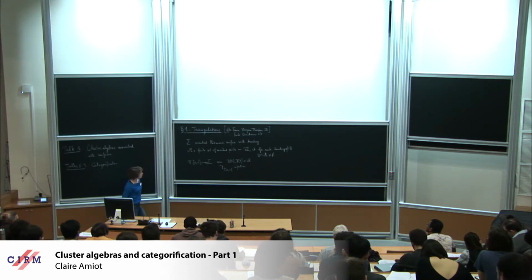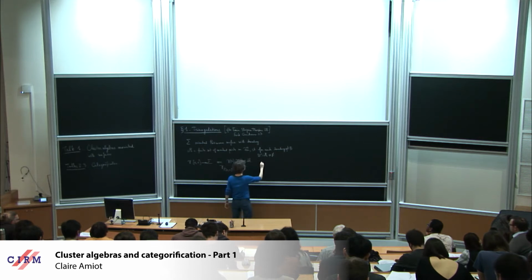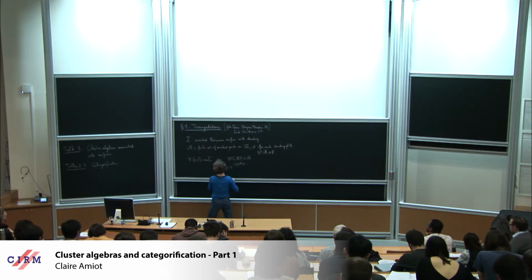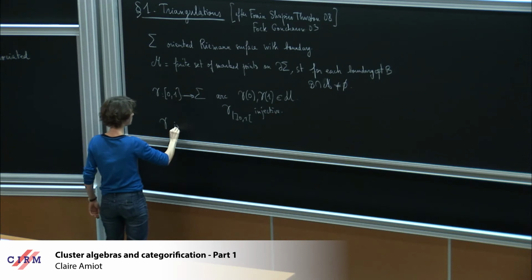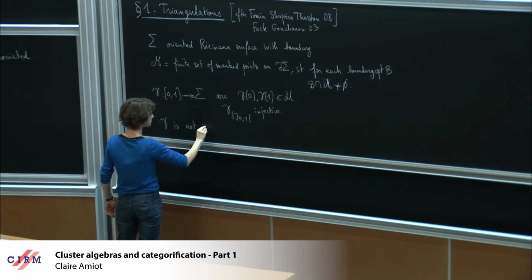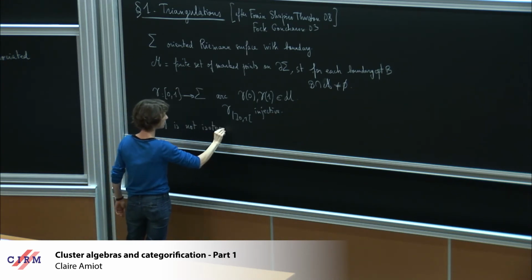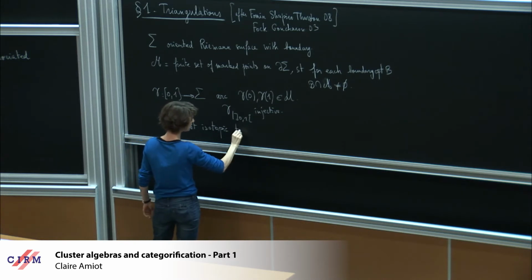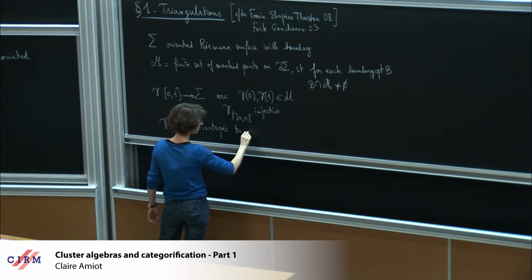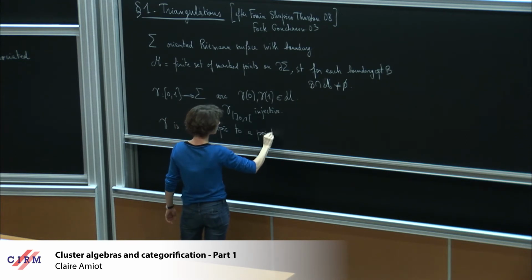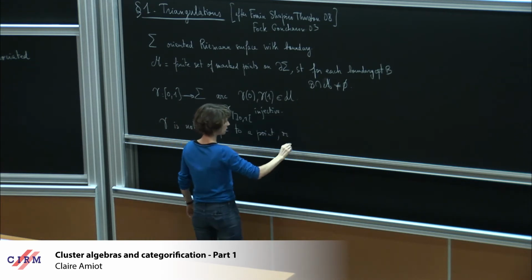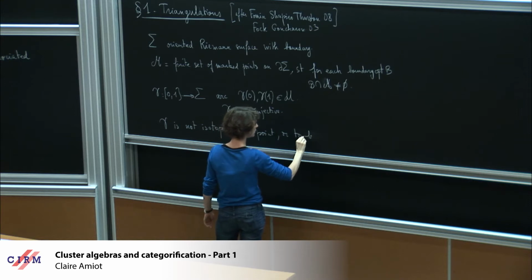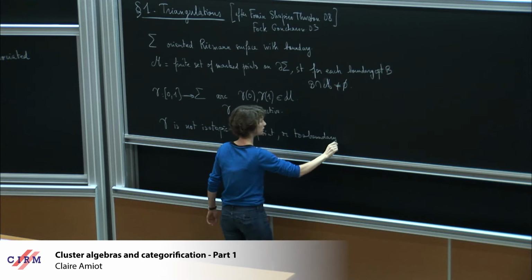And we will also assume that gamma is not isotopic to a point or to a boundary segment.